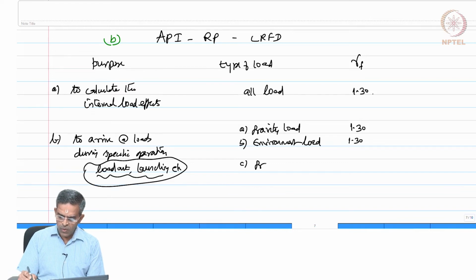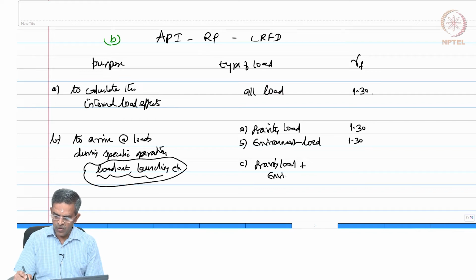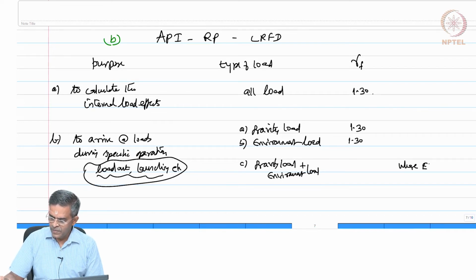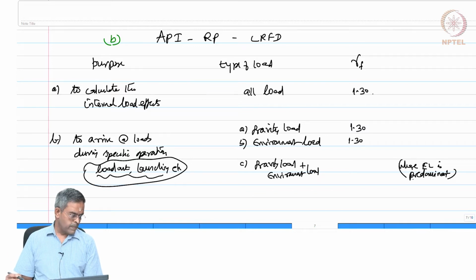If you have a gravity load acting along with the environmental load, where environmental load is predominant, okay, in that case for gravity load the combination factor is 0.35, and for environmental load the value is 1.10.